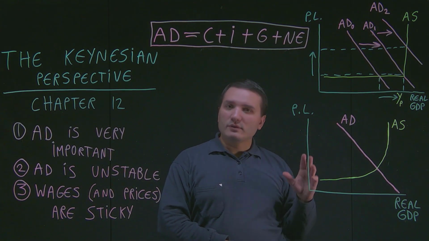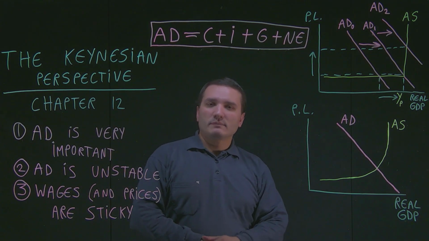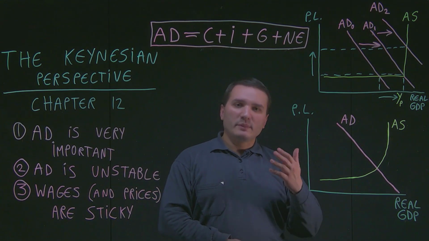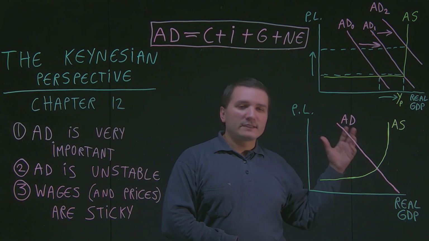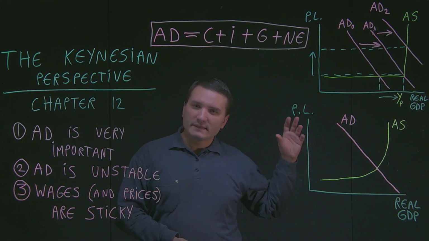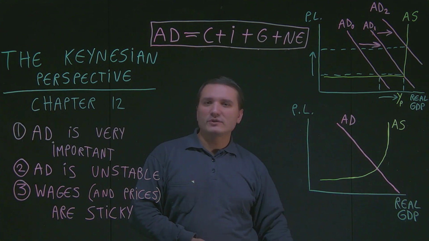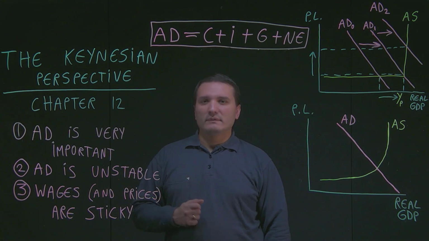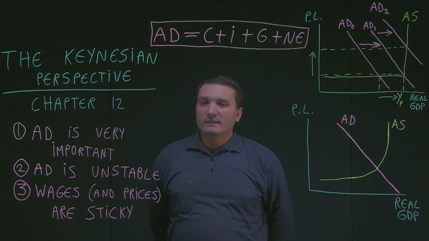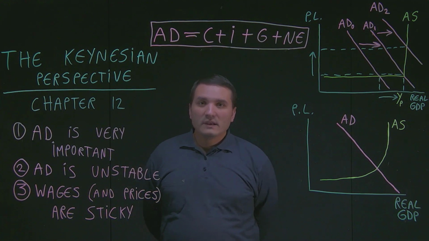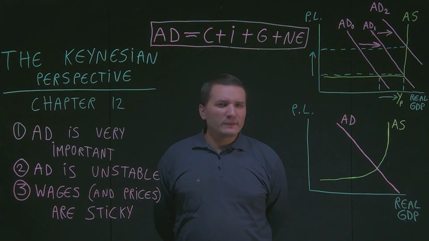Your job is to ensure confidence and continued confidence in the future. Make sure that people feel like they know what's going to happen in the future by keeping things stable. That's the neoclassical perspective. Keep things stable, don't change too much. Versus the change-based Keynesian perspective.